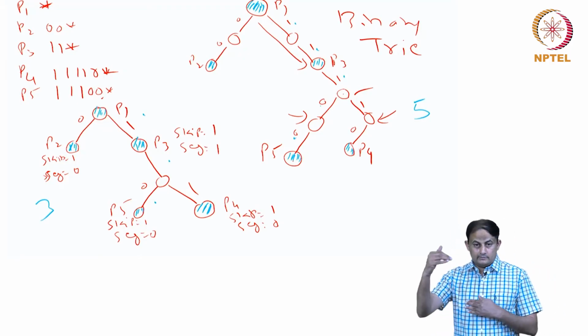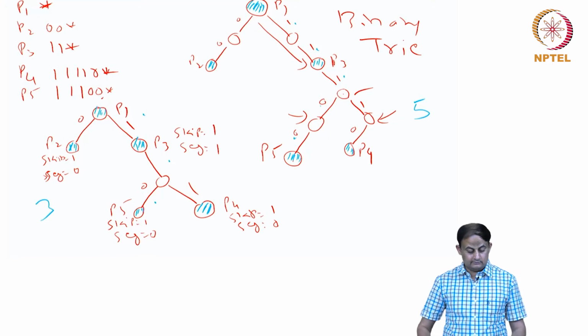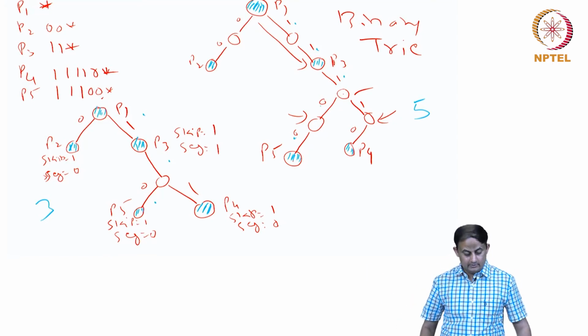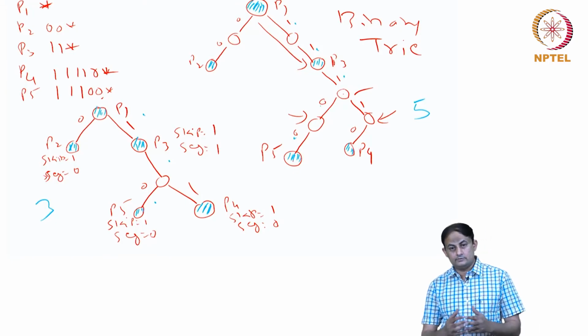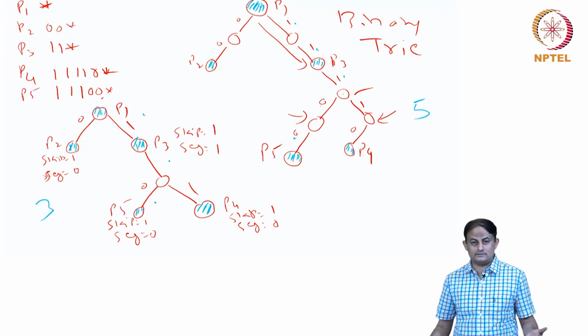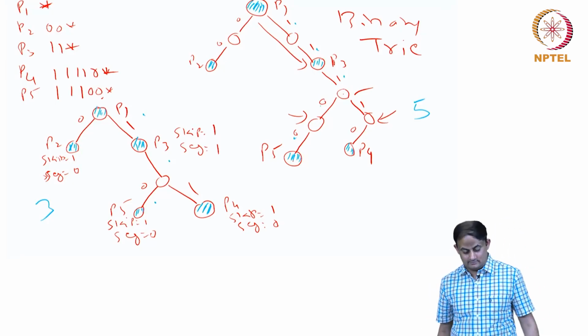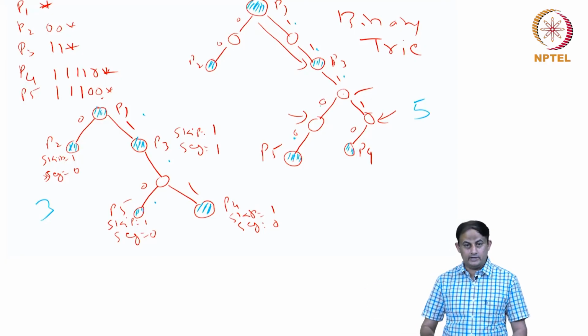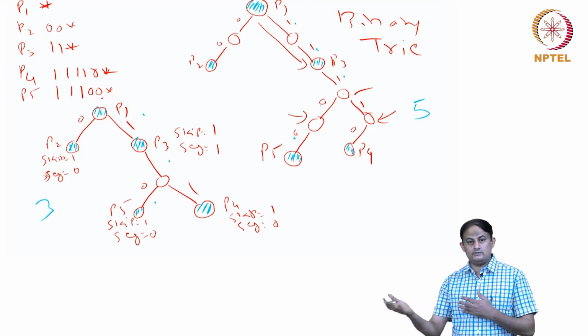So 2 pointer references we got rid of, and that reduces the height of the tree, and then you are able to do the comparison with the minimal number of memory references, minimal in the sense that it is the best that we can do, at least using this structure. You will be able to decide where to forward that packet, on which port number.